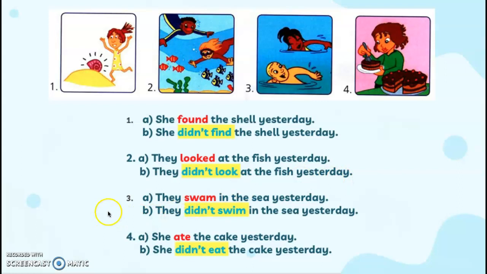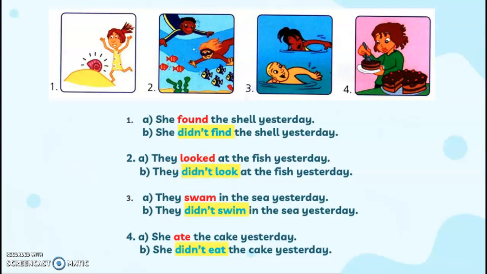Okay, and the third picture, they swam in the sea yesterday. So they didn't swim in the sea yesterday. And the fourth one, she ate the cake yesterday. So if I want to say she didn't eat it, she didn't eat the cake yesterday.